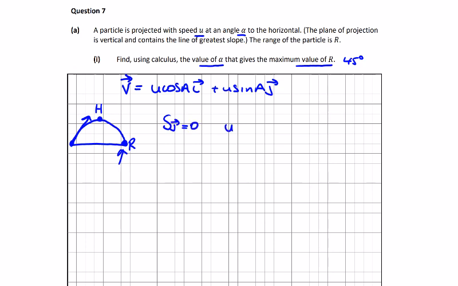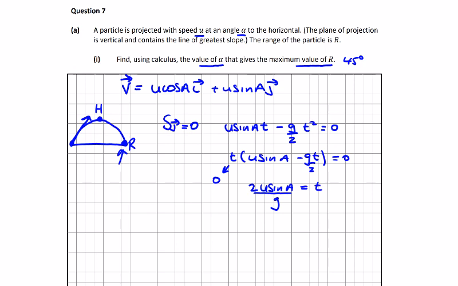So u sin alpha times t plus a half at squared, so minus g over 2 times t squared, has to be equal to 0. If we factor out t, we get t(u sin alpha minus gt over 2) equals 0. So this is my initial time of 0, and then u sin alpha will be equal to gt over 2, so multiply by 2 and divide by g.